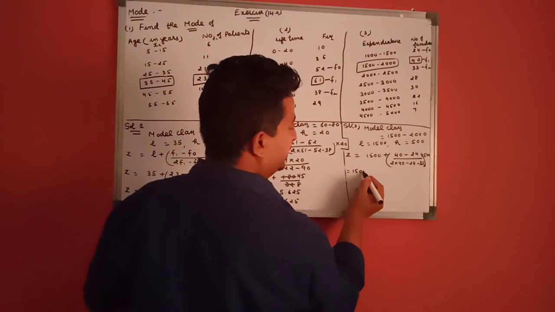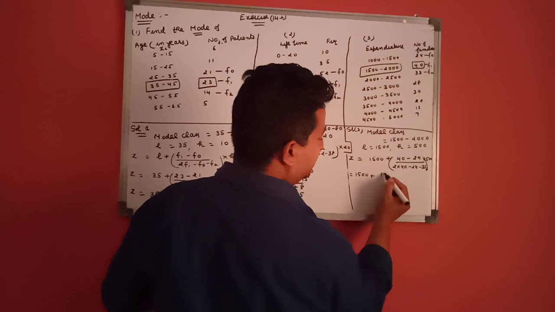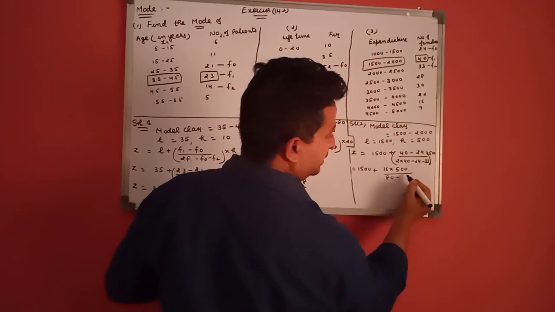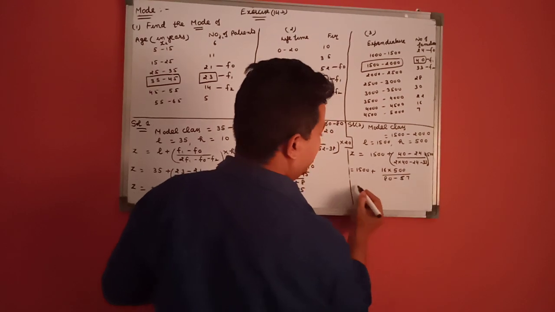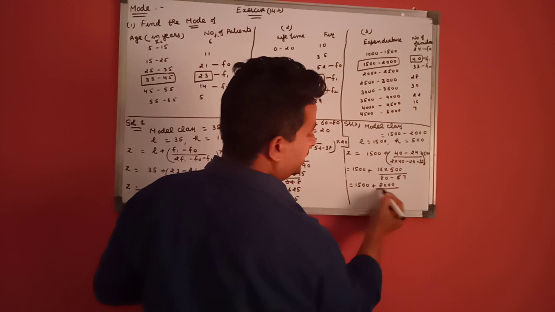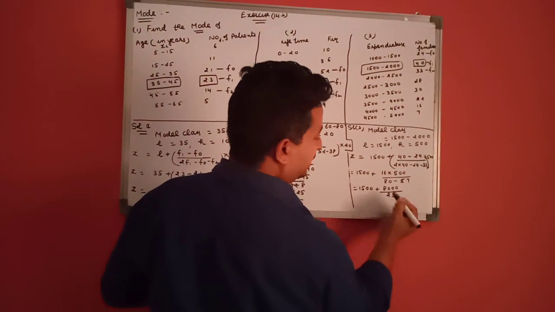So this is 1500 plus, when we subtract this we get 16, 80 minus this is 57. So this is 1500 plus 8000 divided by 23.